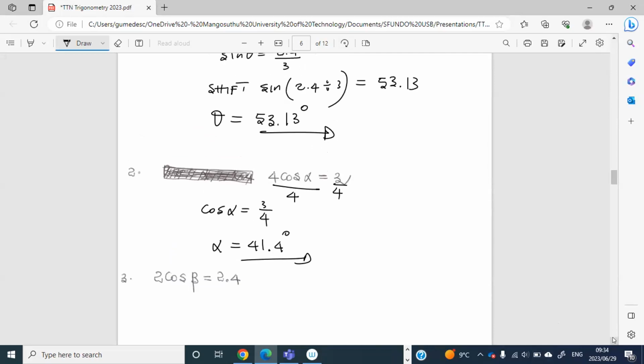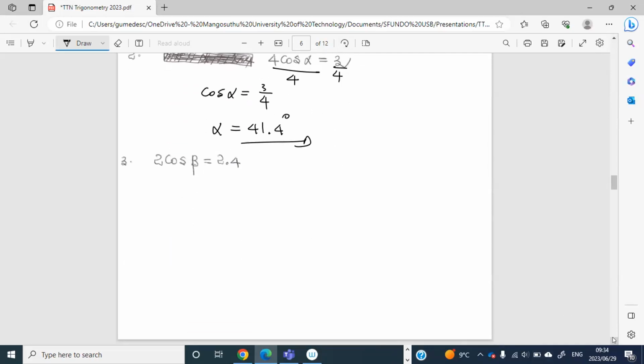Now, I think this one would be very interesting, and you'll see why it's interesting. Same thing will apply. We'll divide by 2 both sides, so that you'll have cos beta equal to 2.4 over 2.